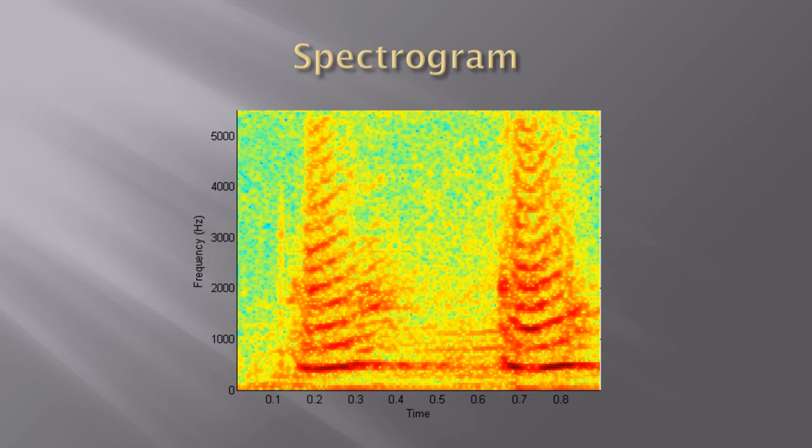The frequency range from 0 up to a little bit more than 5,000, and the time is from 0 up to 0.9 second. So it is about 900 millisecond data, and the spectrum looks like this one.